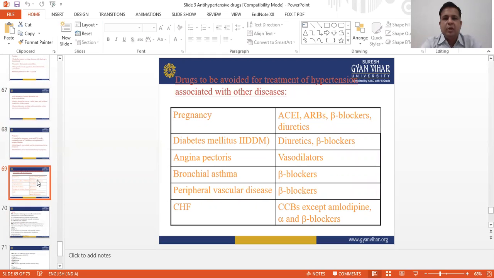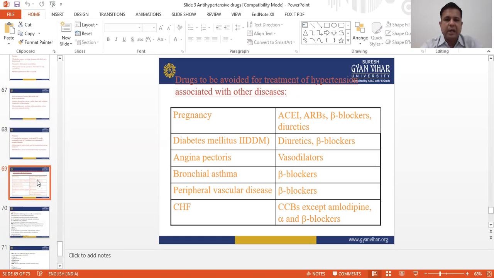Drugs to be avoided for treatment of hypertension associated with other diseases. In case of pregnancy: ACE inhibitors, that is angiotensin converting enzyme inhibitors, ARBs, which means angiotensin receptor blockers, beta blockers, and diuretics.